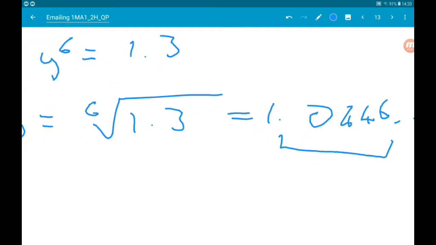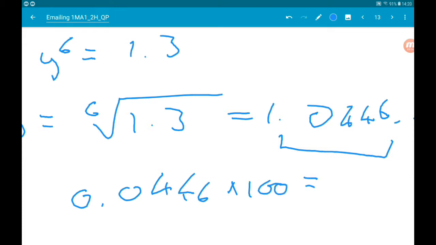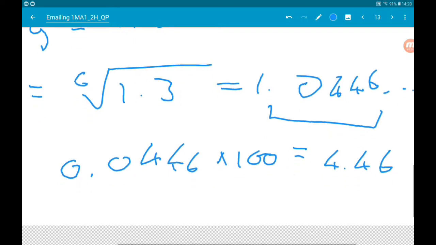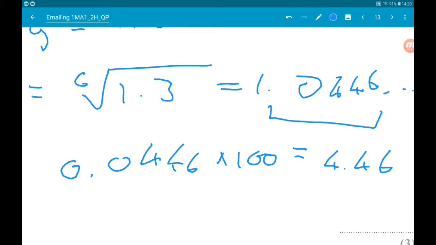So, 0.0446 times 100 is 4.46. Now we want x to 2 sig figs, so x is 4.5.